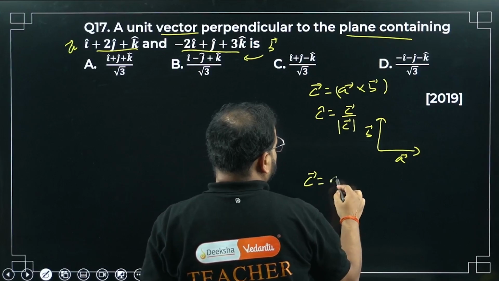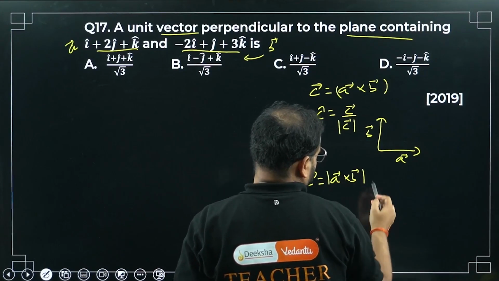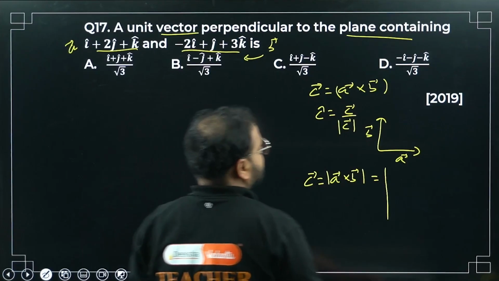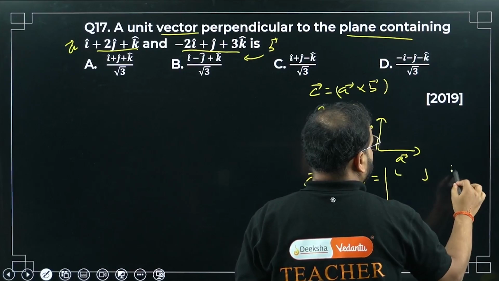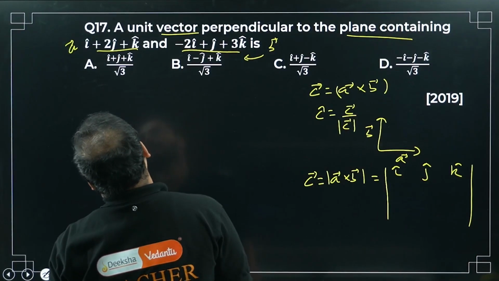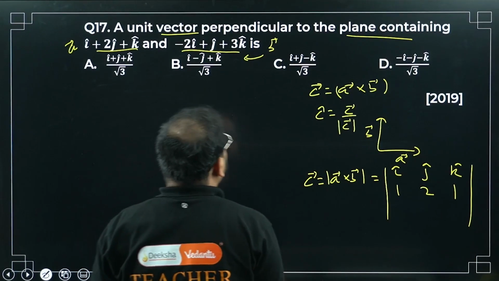Vector C equals A cross B equals the determinant of what? First write here I cap, J cap, K cap. The vectors are 1, 2, 1 and minus 2, 1, 3.